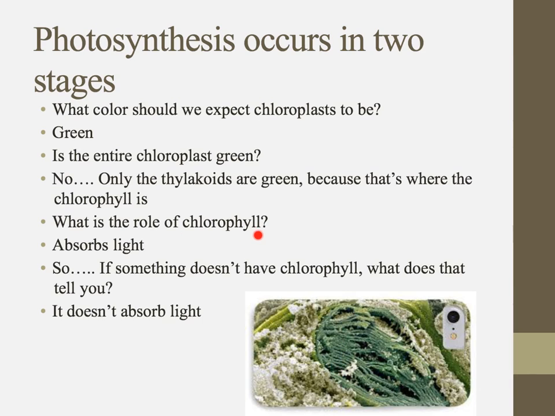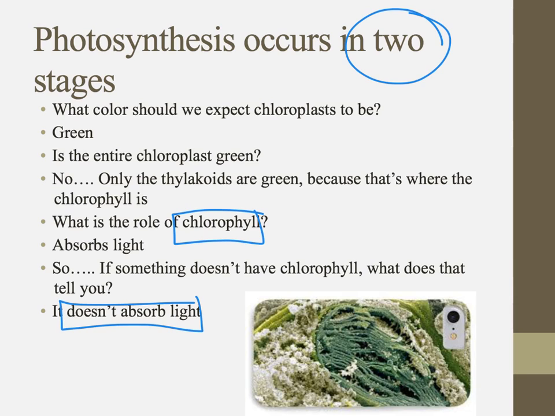We know that chlorophyll's role is to absorb light energy. So if something doesn't have chlorophyll, like the stroma, that tells us that it doesn't absorb light. That's really important because photosynthesis is going to occur in two stages: one that requires light, and if that's the case, I better find chlorophyll, and one that does not absorb light.